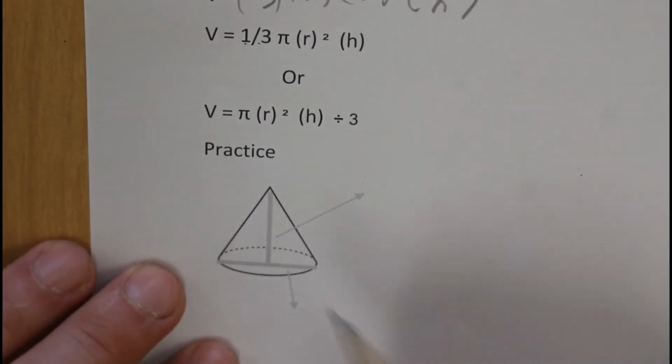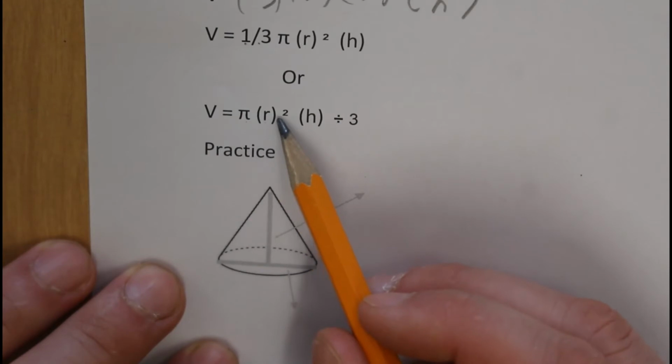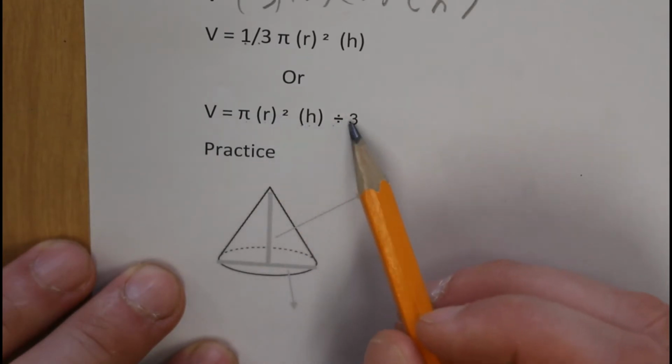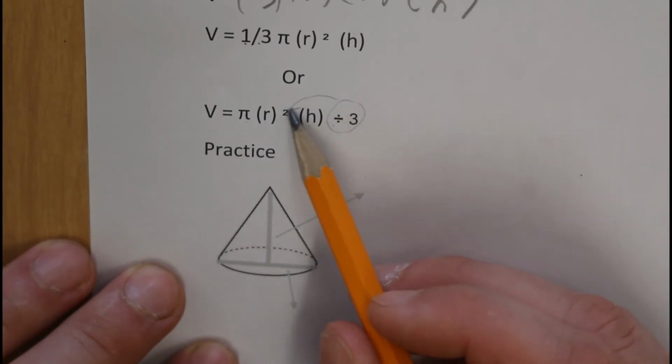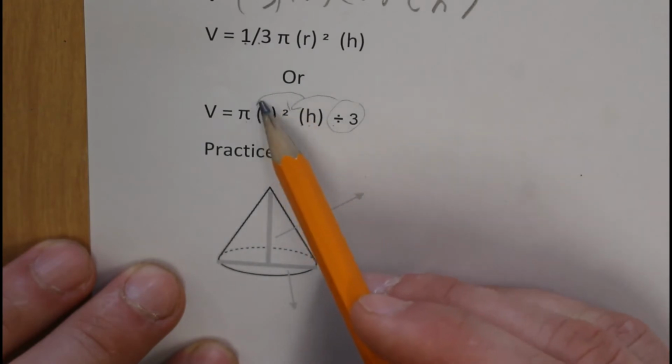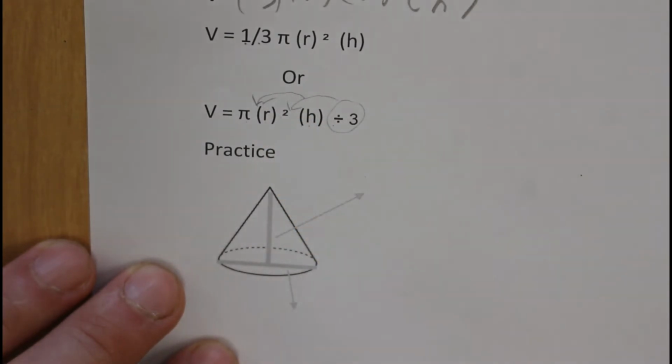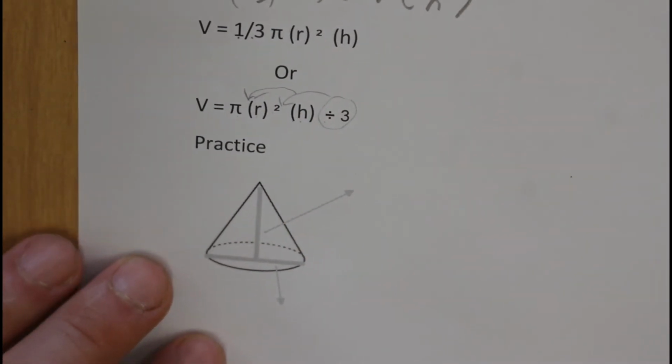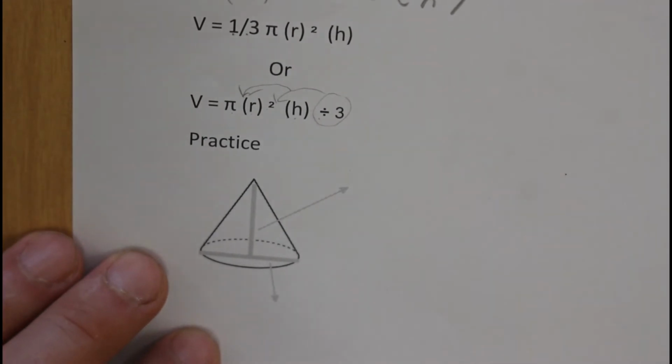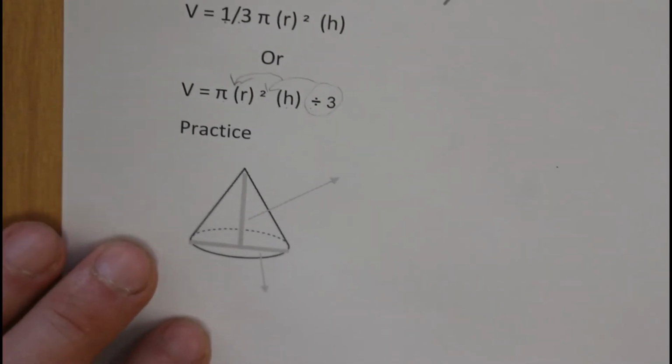Or pi times radius squared times height divided by 3. And that 3 can be anywhere. You can put it there and you get the same answer. You can put it right there and you get the same answer. You'll get the same answer anywhere. So we're just adding one step to the volume of a cylinder.